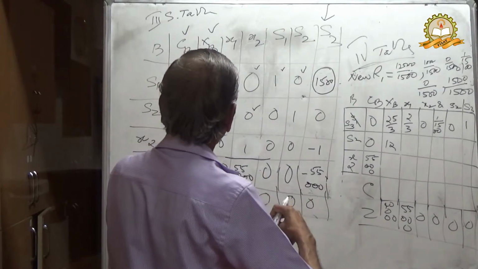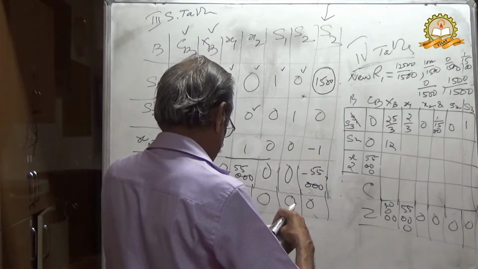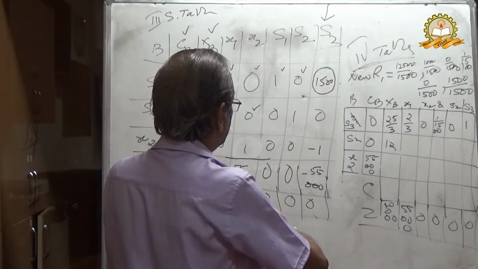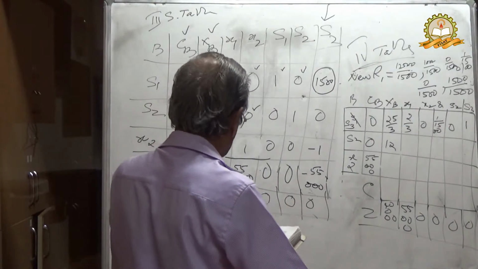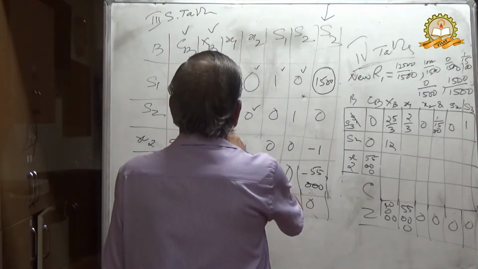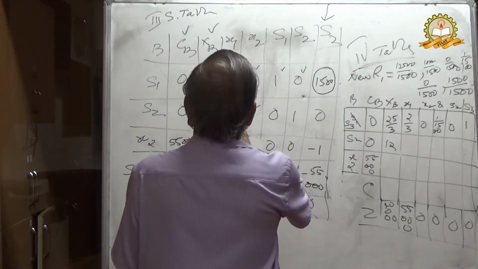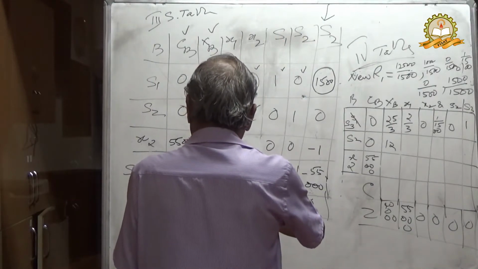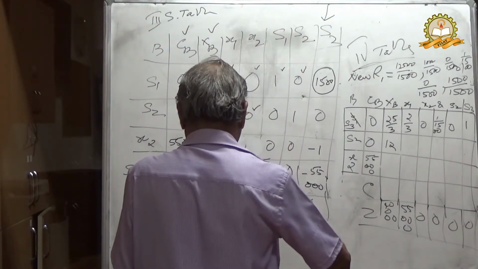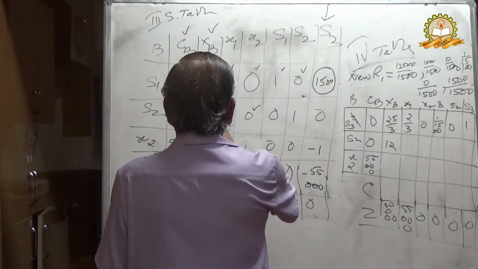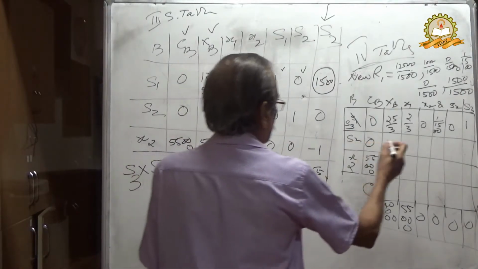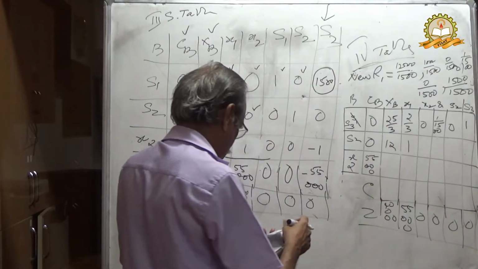Under S2 you have 0, and under X1 you have 1.